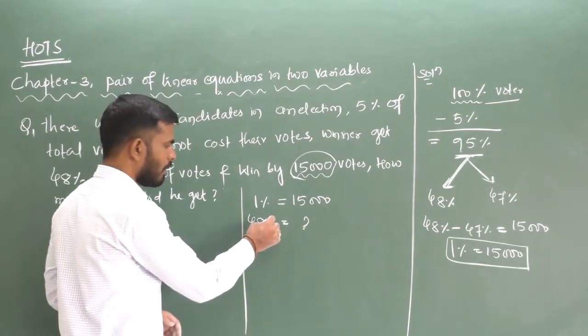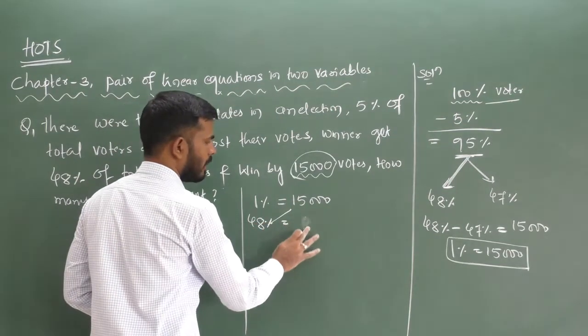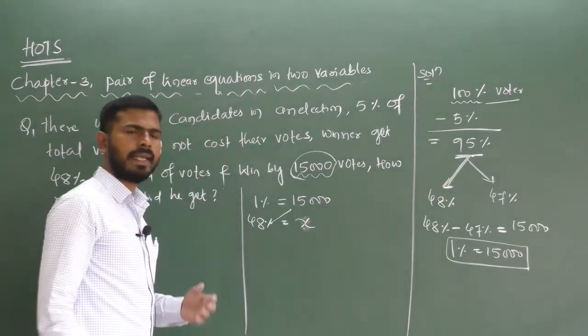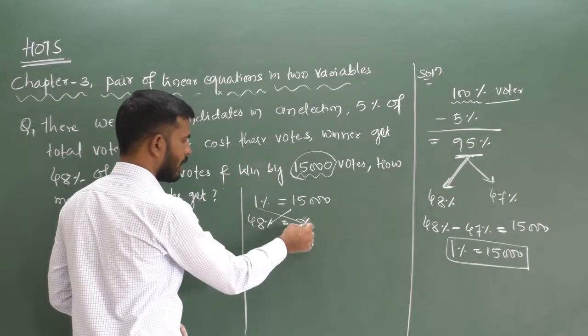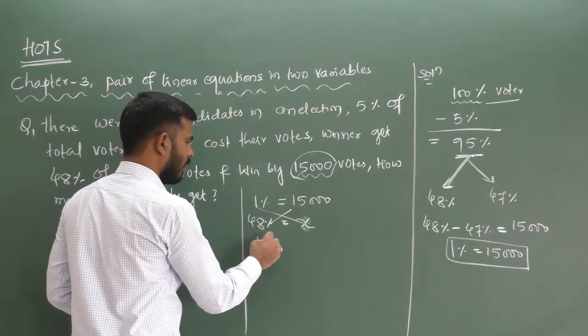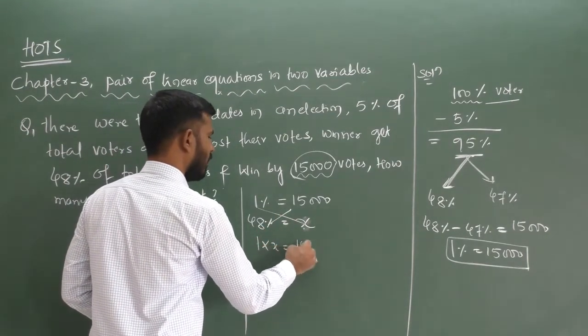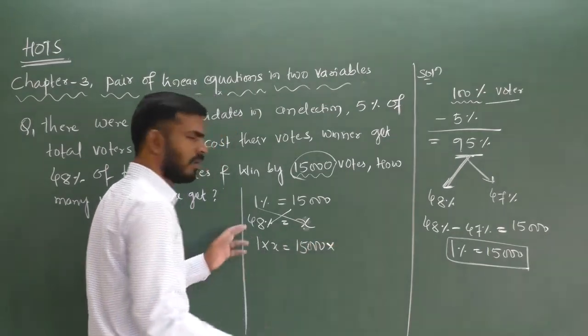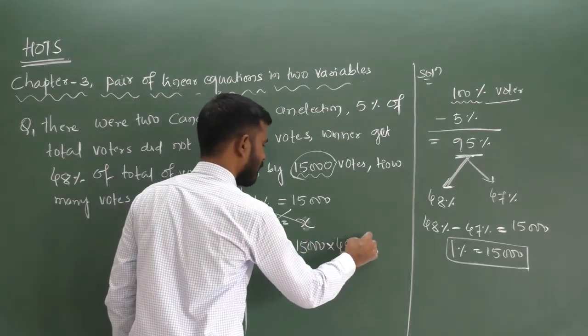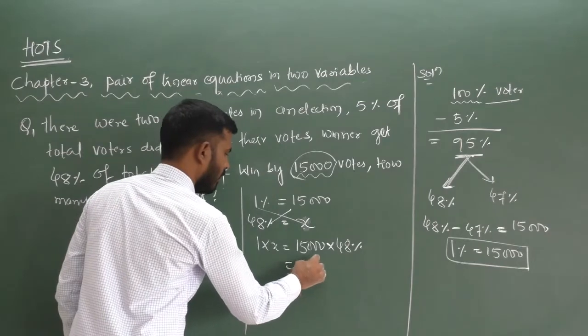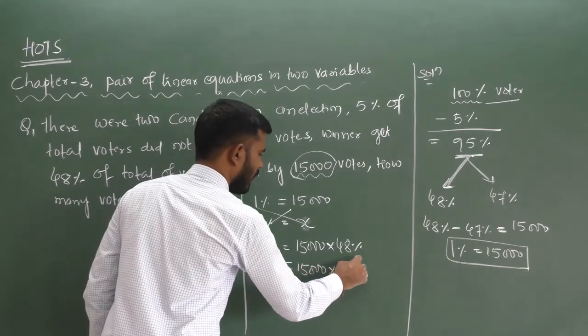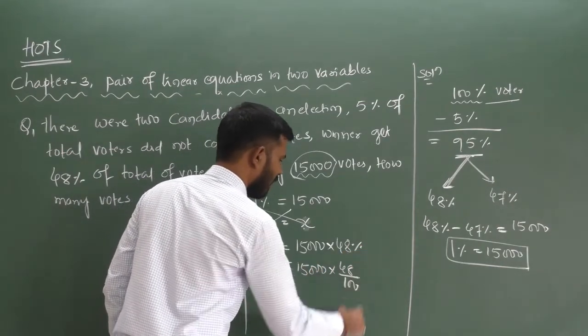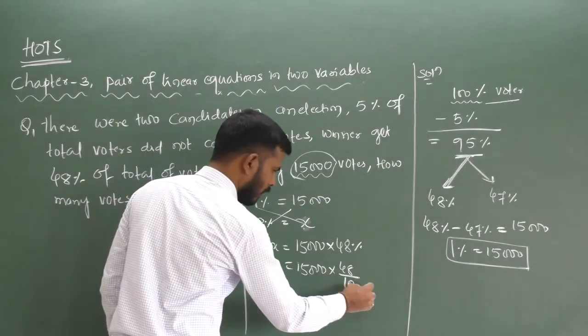Take the number of votes as x. By cross multiplication, 1 into x is x, equals 15,000 into 48 divided by 100.